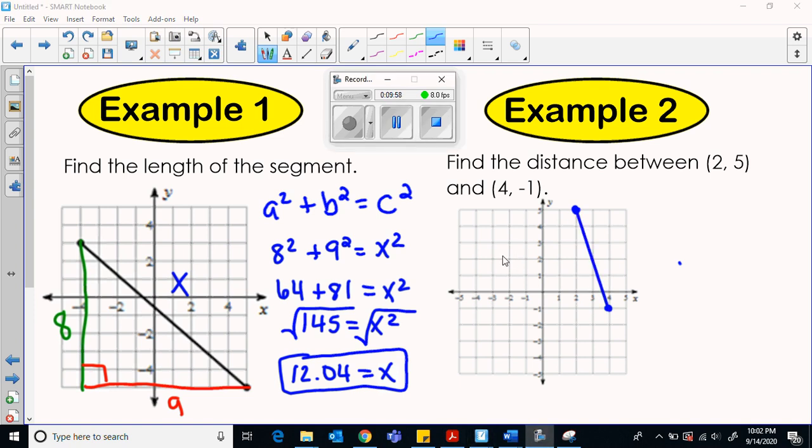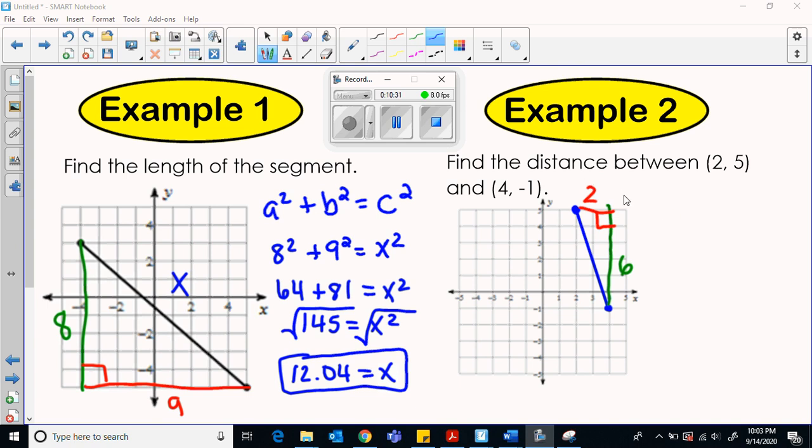And so now once we have our line, it kind of looks like example 1. So go ahead and pause the video, finish drawing in your right triangle, and determine the distance of this segment. So hopefully you've gotten your triangle drawn, and you see, even if your triangle's on the other side, you should still have a triangle that is 6 vertically and 2 units horizontally.